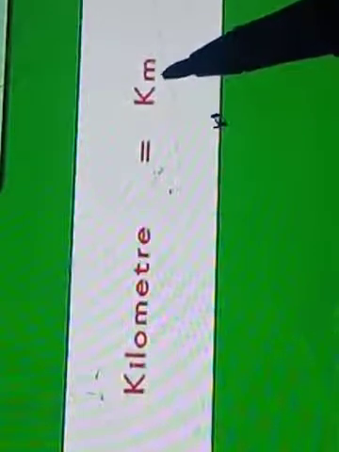We measure small distances in centimeters and meters and long distances in kilometer. Okay? 1 meter is equal to 100 centimeter and 1000 meter is equal to 1 kilometer.